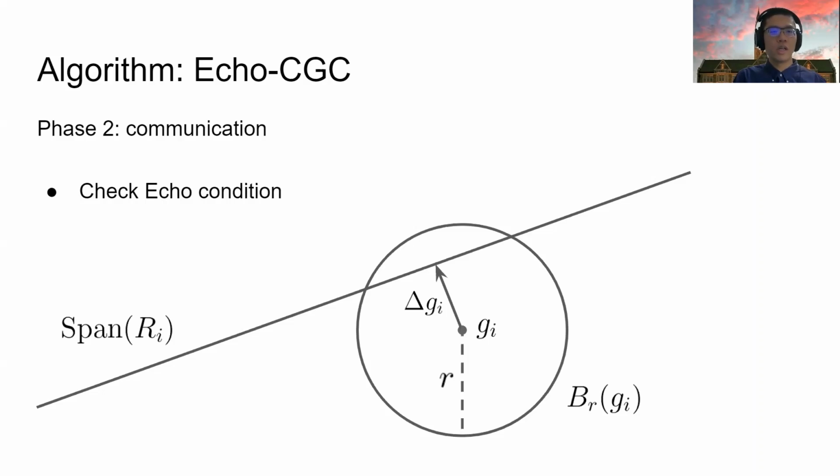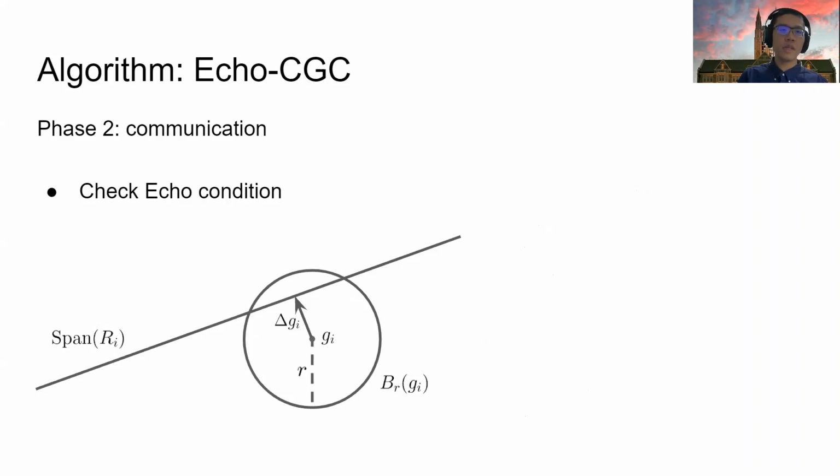In practice, we implement this condition by first finding the shortest distance from G to the span of R, and then checking whether the shortest distance is less than the threshold radius r. Recall that in phase 1, our algorithm guarantees that R_i is a linearly independent set. So if we write R as a matrix A, then A has a Moore-Penrose pseudo-inverse.